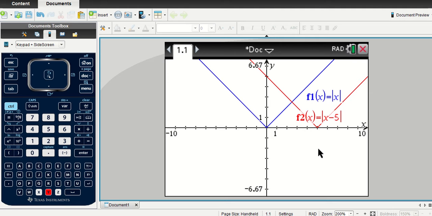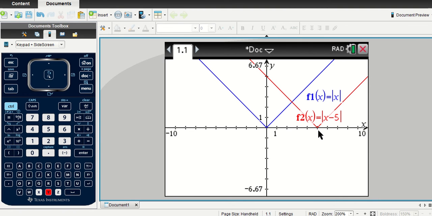Okay, so the reason we're doing that is because even though it's minus 5 in here, right, in order to go from a point, let's say this point, which is located at 0, 5, I actually have to move left 5 units. So I have to put a positive 5 in here to get this.